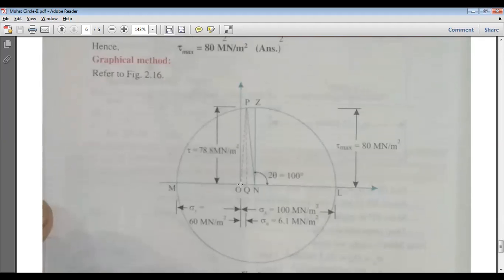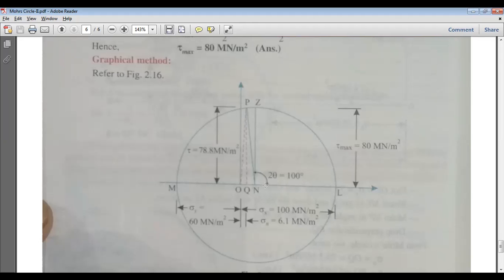Earlier we used to take sigma x in this direction and sigma y in this direction, but now we have to take sigma y in the opposite direction. You can see here sigma x is 100 Newton per meter square, and sigma y is 60, which is taken in the opposite direction.